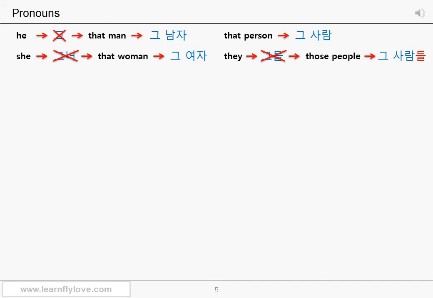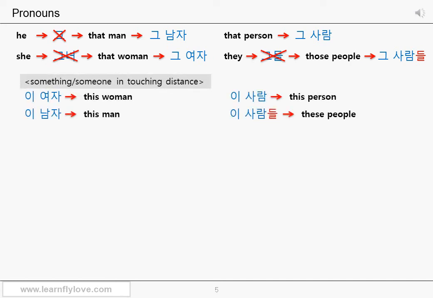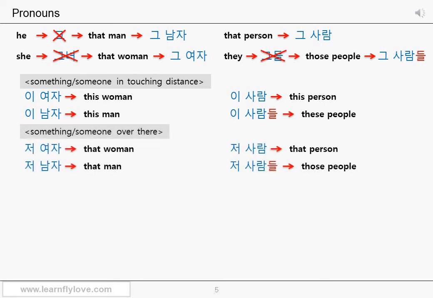When you indicate something or someone in touching distance, you use 이 sound. This woman, 이 여자. This man, 이 남자. This person, 이 사람. These people, 이 사람들. When you indicate something or someone you can still see but cannot touch, that woman, 저 여자. That man, 저 남자. That person, 저 사람.